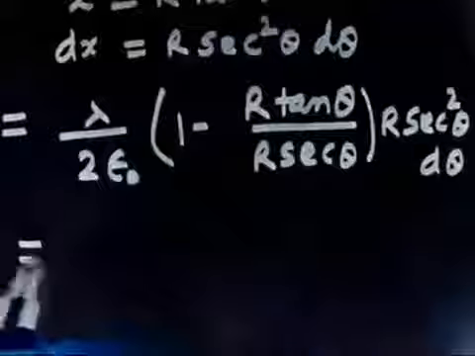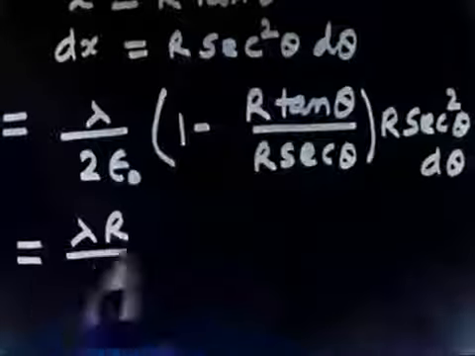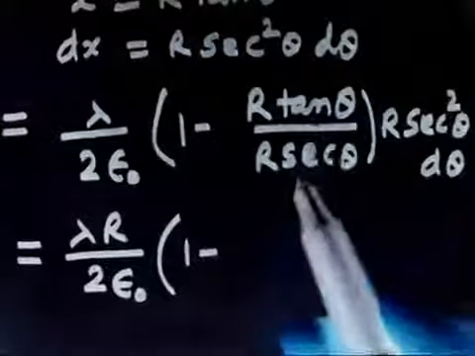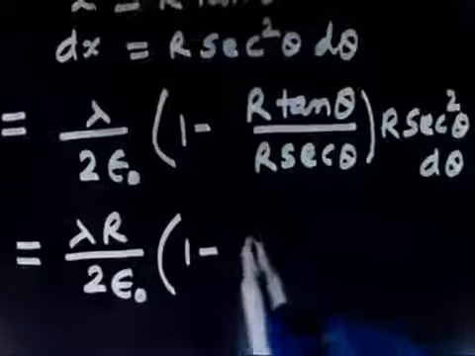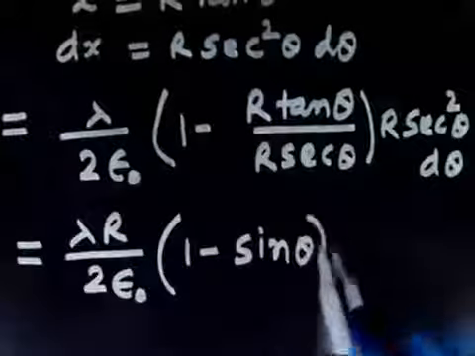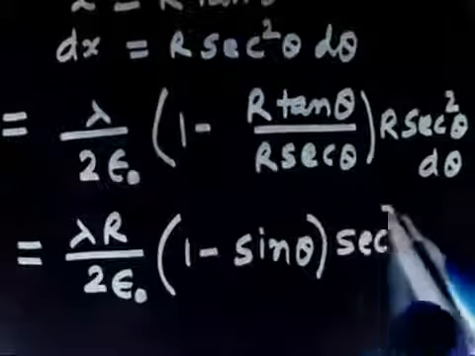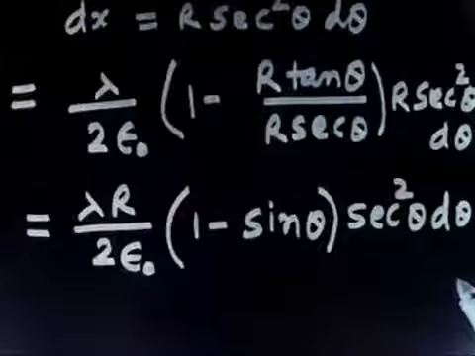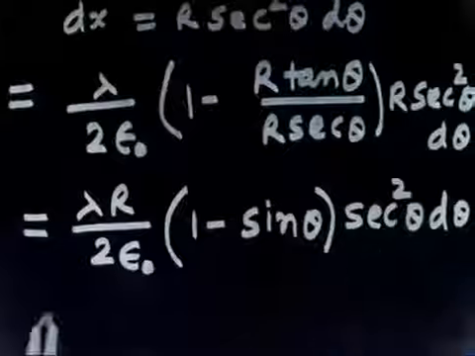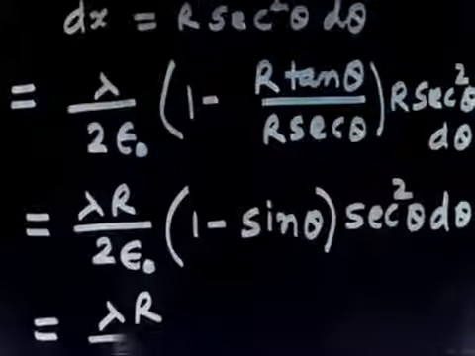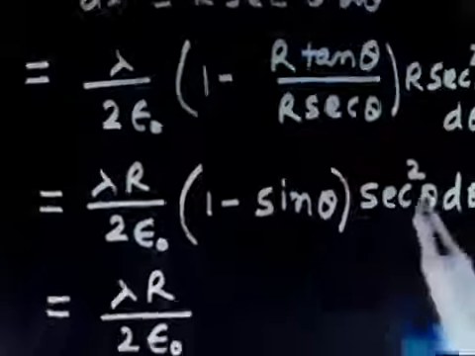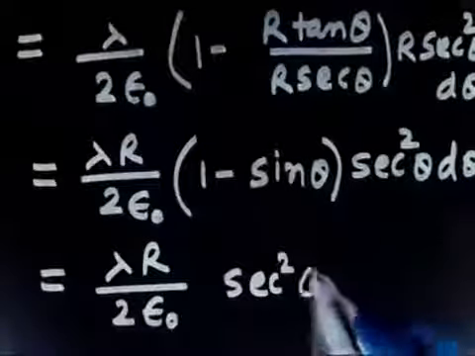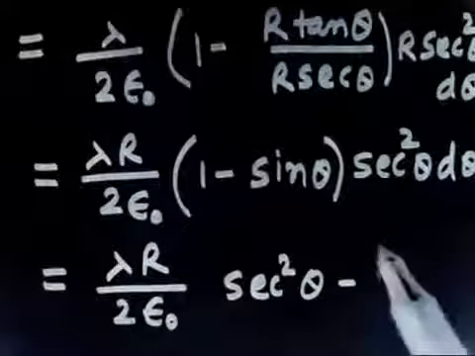So this will be lambda r by 2 epsilon naught, 1 minus, so this is sin theta by cos theta over sec theta, which is simply sin theta, into sec square theta d theta. Now if I multiply, I will have lambda r by 2 epsilon naught, and this is sec square theta minus sin theta by cos square theta.